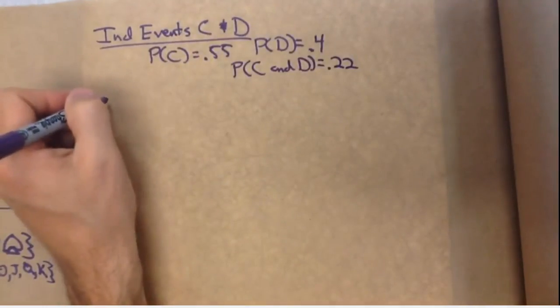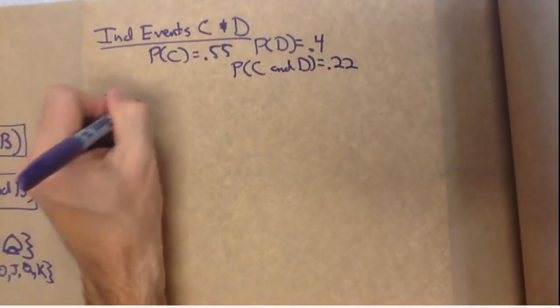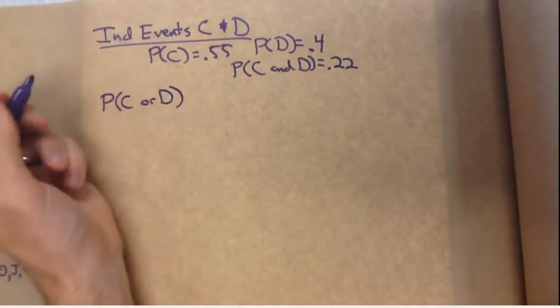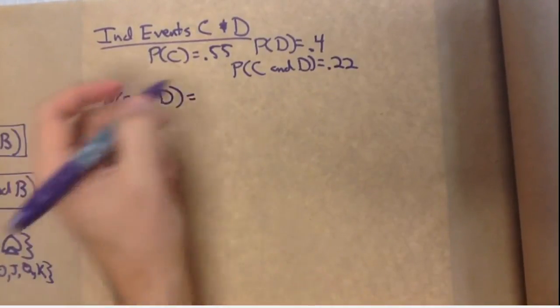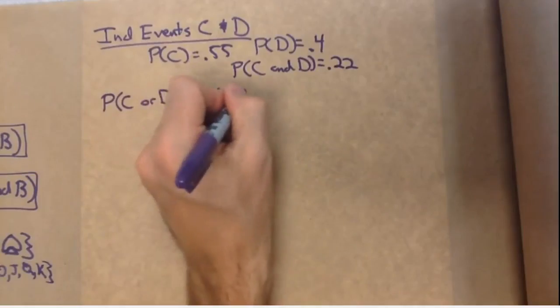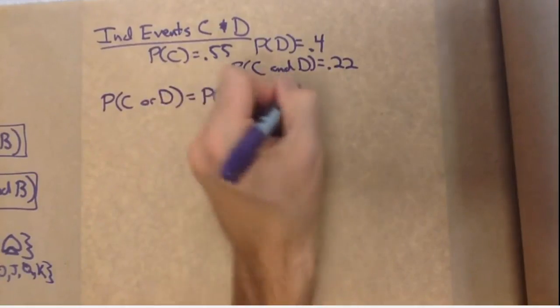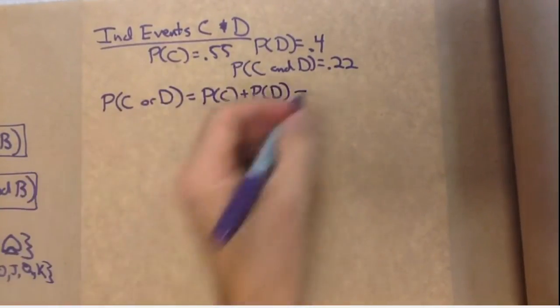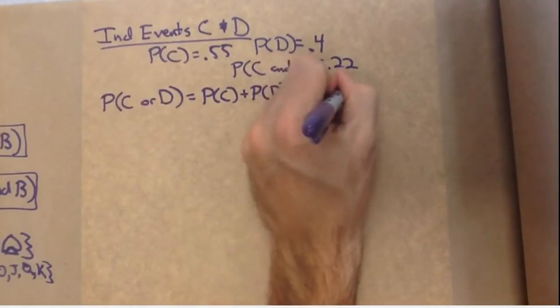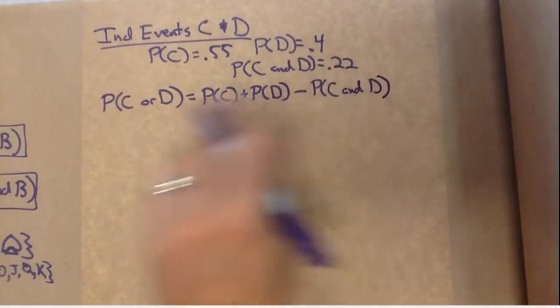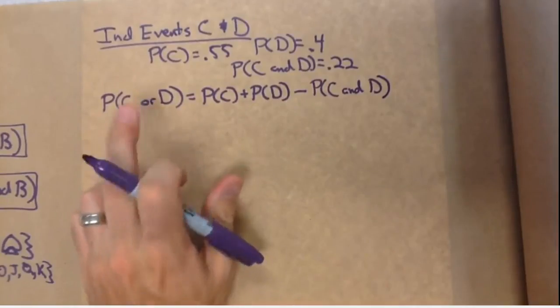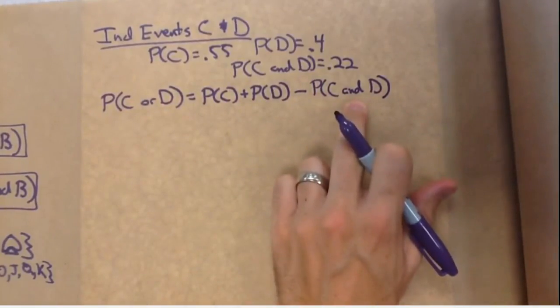So I'm going to first figure out the probability that C or D occurs. So here it's going to be the probability of C plus the probability of D minus the overlap. That's what we get from our addition rule. That's C and D. When we think of or, remember it could be both. That's why we've got to subtract an overlap.